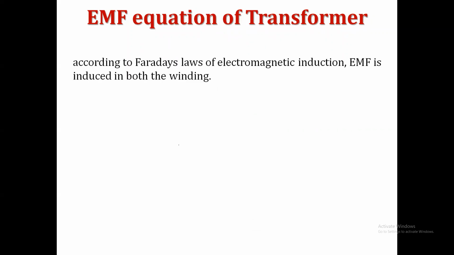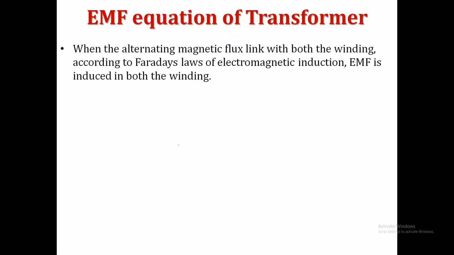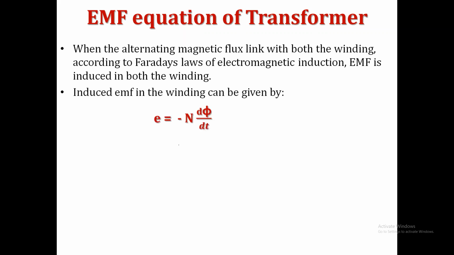Okay. Now this alternating magnetic flux will link with both the windings. According to Faraday's laws of electromagnetic induction, EMF is induced in both the windings. Get it, my point? So the induced EMF in the winding, according to Faraday's law, our equation is E is equal to minus N d phi by dt.